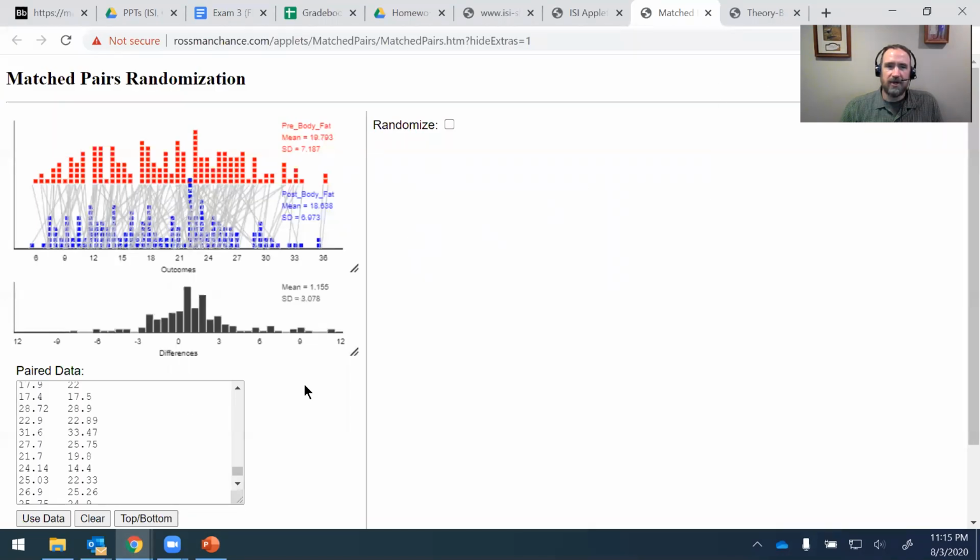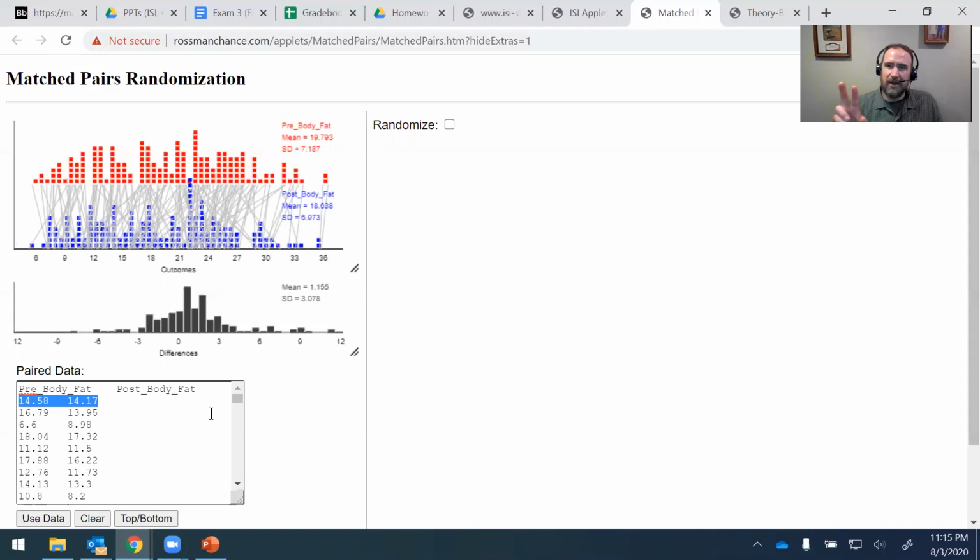So here it is. I already grabbed it from the textbook website and put it into the matched pairs applet. And so here we go. We can see there's a column of pre-body fat data and post-body fat data. These two numbers come from the same student.